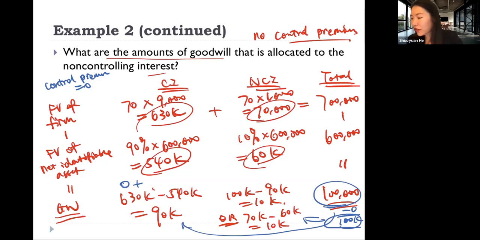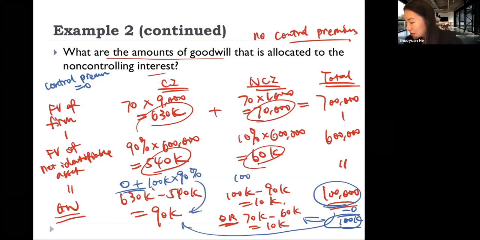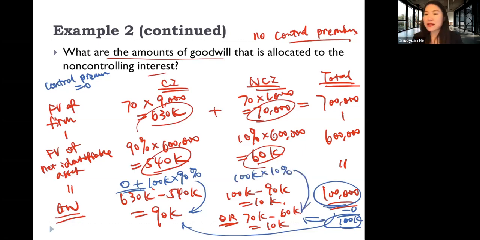For the controlling interest, 100,000 multiplied by 90% gives you 90,000. For the non-controlling interest, 100,000 multiplied by 10% gives you 10,000. So those are some of the different ways to allocate the goodwill between controlling and non-controlling interest.